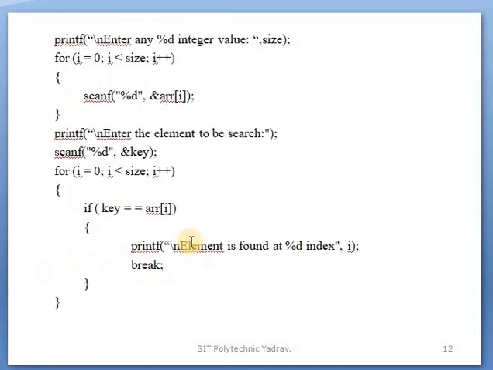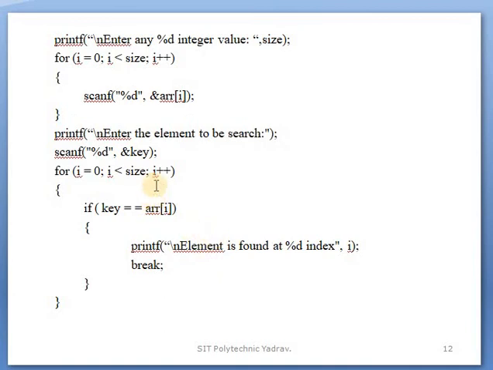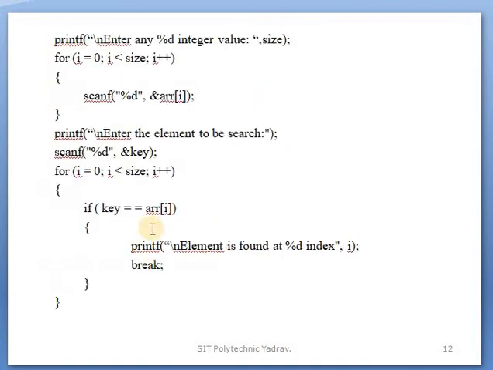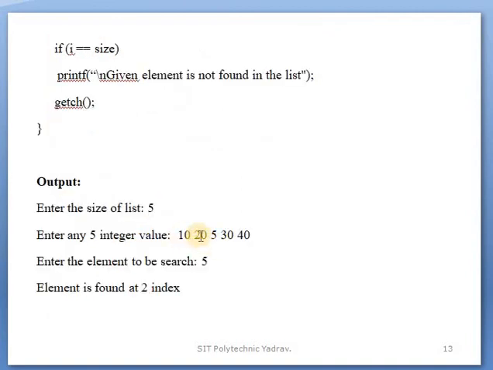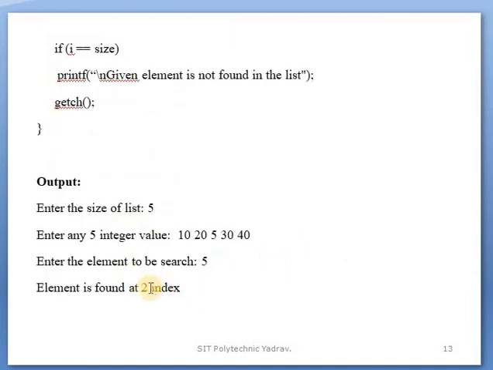Sorry, positions 0, 1, 2: the value of i is 2, so key 5 is compared with array of 2, which is 5. Both match, so the if condition is true and it displays "element is found at position" 2, index 0, 1, 2.